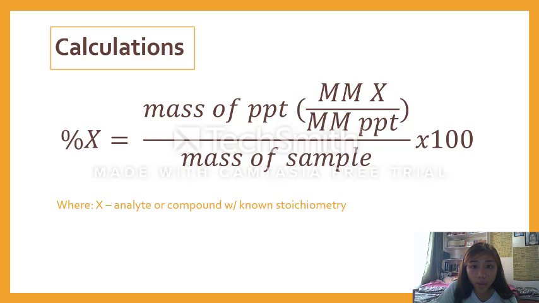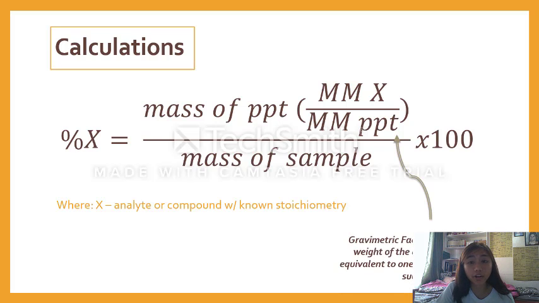The quantity in the parenthesis is a very important part of our gravimetric calculation. It is known as the gravimetric factor. It represents the weight of the desired constituent equivalent to 1 unit weight of a given substance.